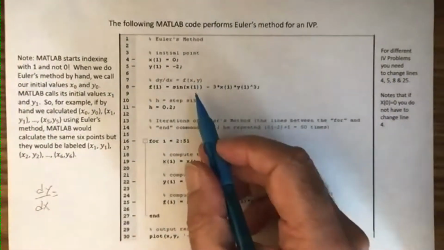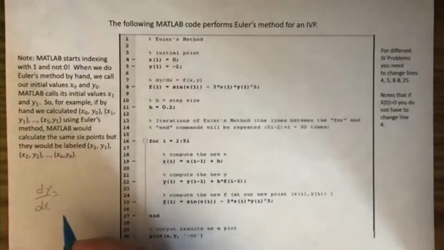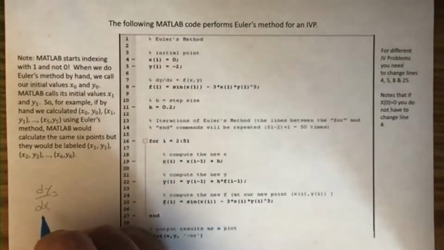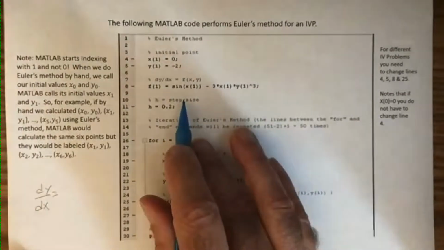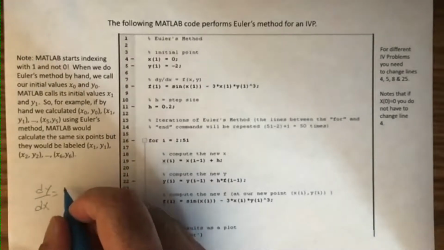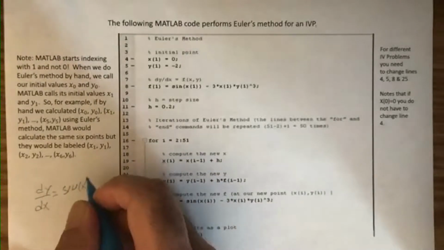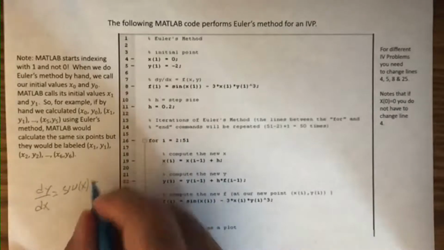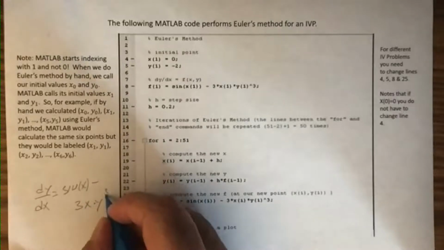It's not as clear as I like it to be, but what I want to point out is that if you had a differential equation, well, this is actually solving the differential equation sine of x minus 3x times y cubed, right?